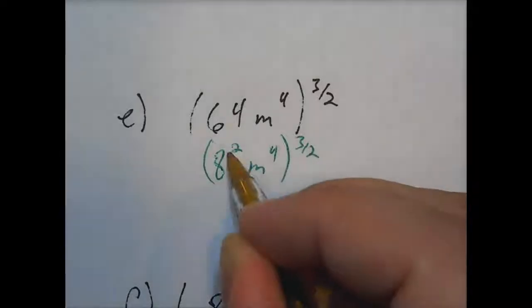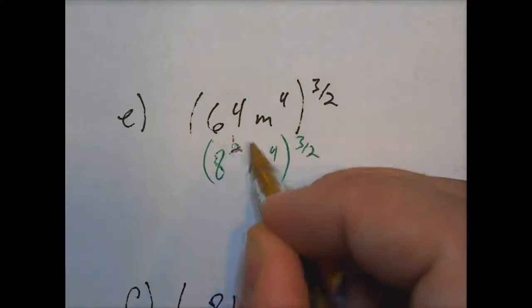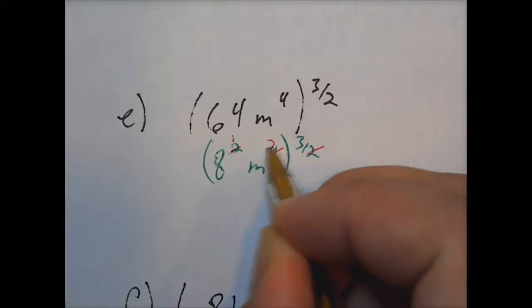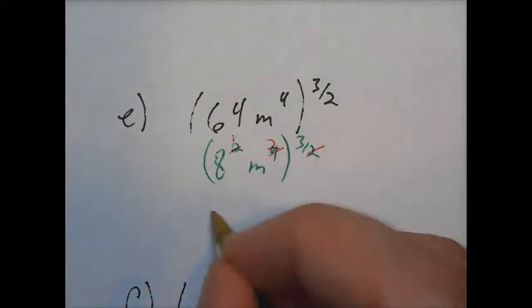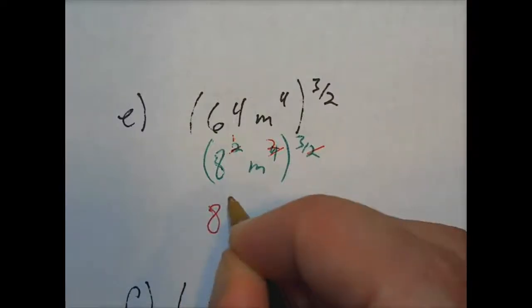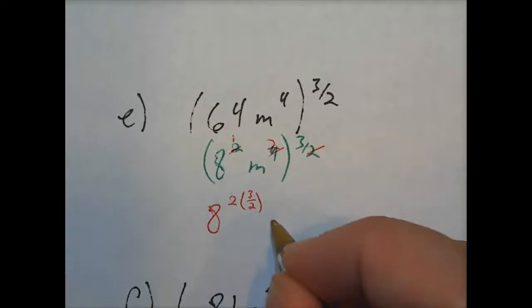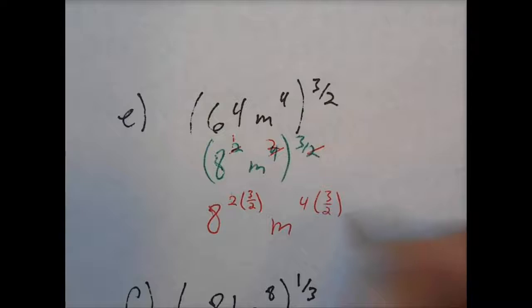So I know that 2 divided by 2 will make that 1 times 3, and then 4 divided by 2 would make this 2. So now I'm multiplying, so essentially what's happening is I have 8 to the second times 3 over 2, and m to the fourth times 3 over 2.